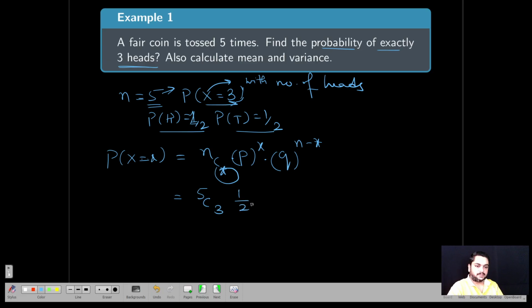The success probability of getting head is 1 by 2. x is 3. Then 1 minus 1 by 2 is 1 by 2, getting tail. n is 5, x is 3, and n minus x is 2. So if we calculate, we'll get 5 by 16, okay.